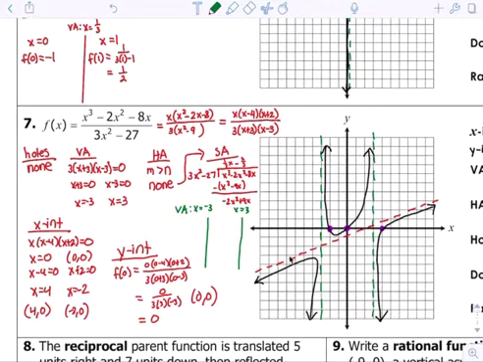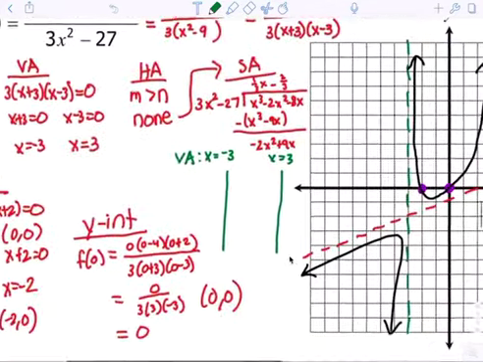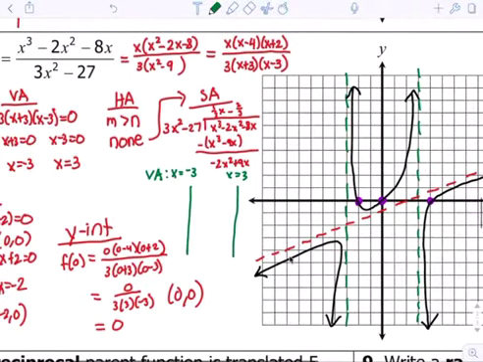So I need to test a point to the left of negative 3. So if I did negative 4, negative 4 is going to be negative 4 times (negative 4 minus 4) over (negative 4 plus 2).